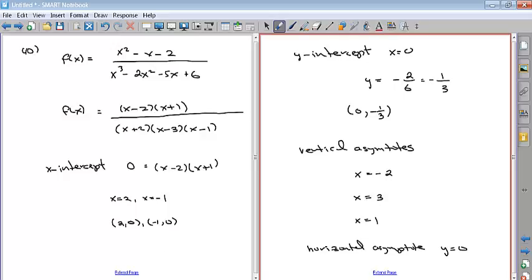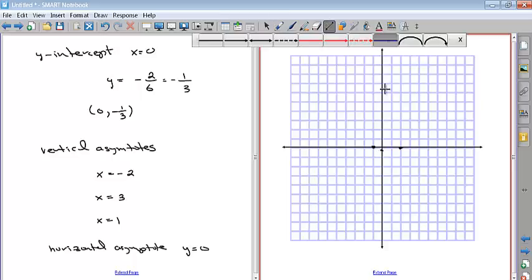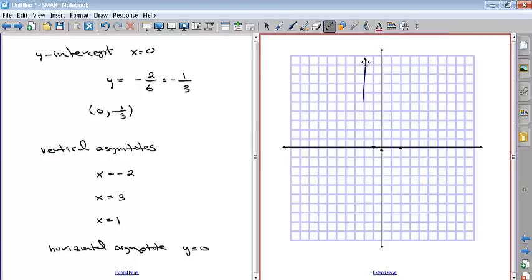Okay. The y-intercept is 0, negative 1/3, which would be about right there. Let's draw some vertical asymptotes. So we have one at negative 2. We have one at positive 1. And we have one at positive 3. And we've got a horizontal asymptote of 0.